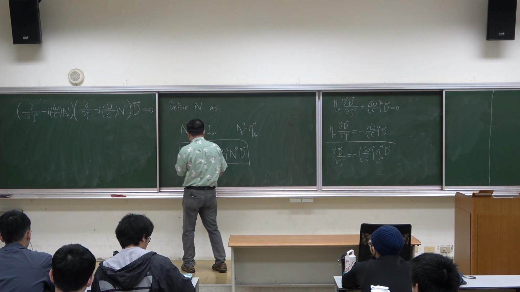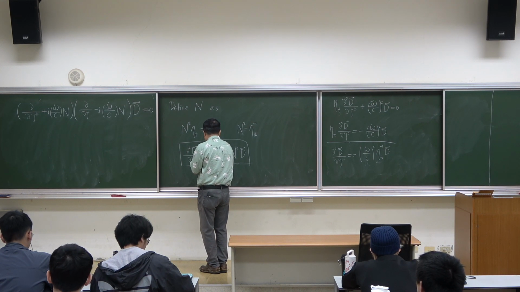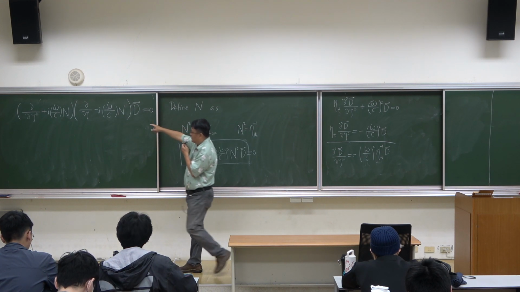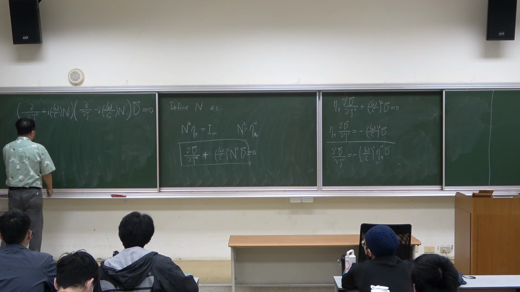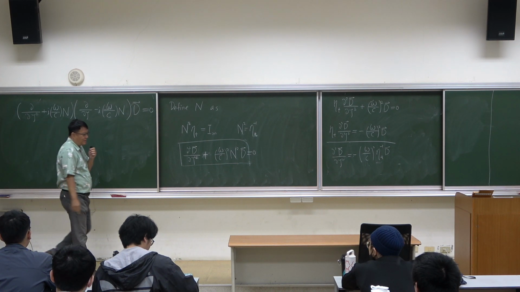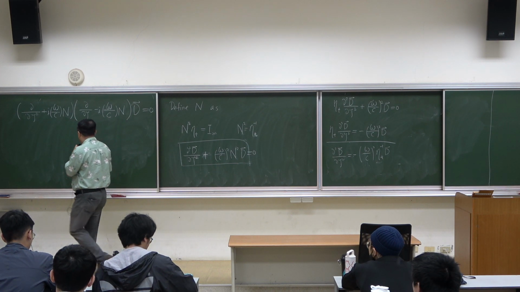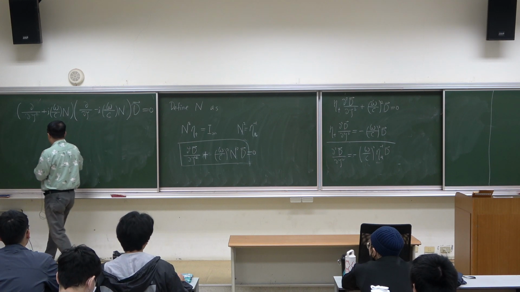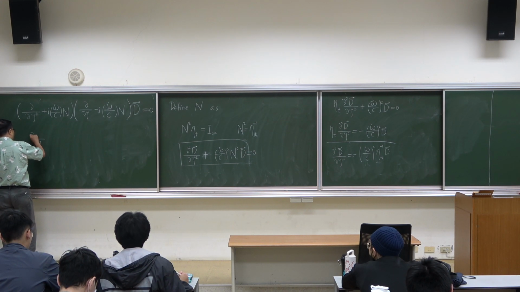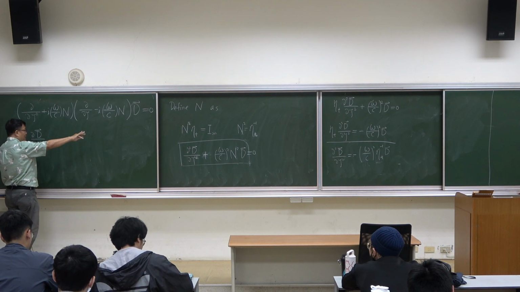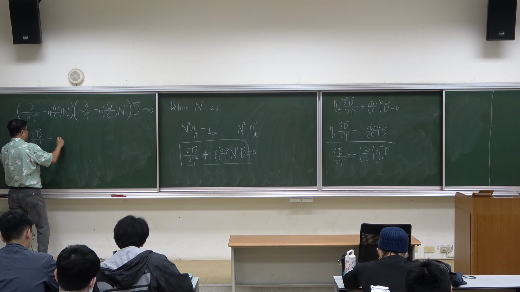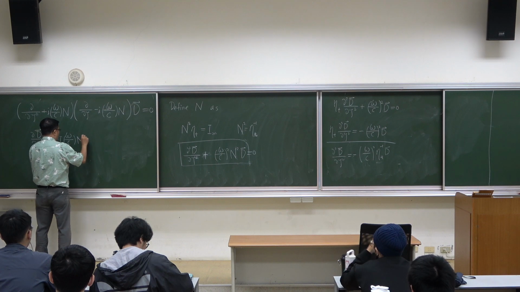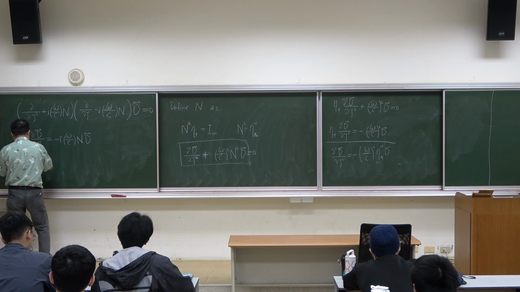We factorize this equation as this. So there are two ways to obtain the final result. We have two possible ways to get the final result. The first way is, the second.